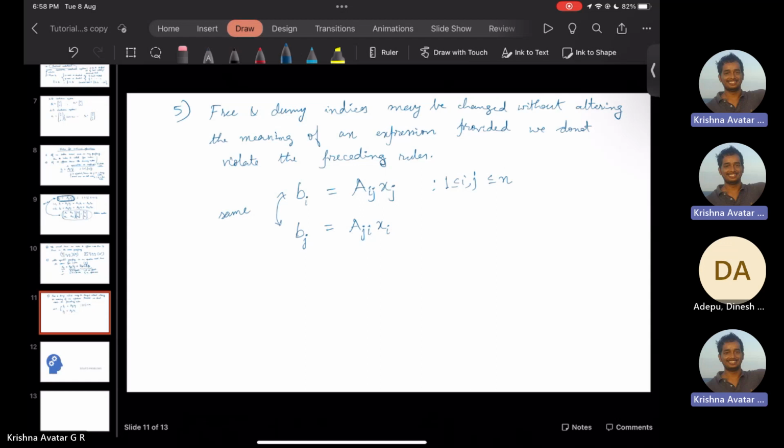Let's try to construct an example. But as a general statement, it looks like in almost all the cases, this will always hold.